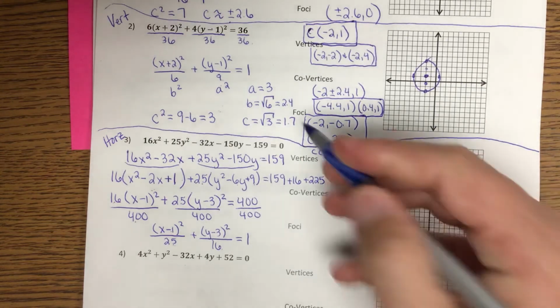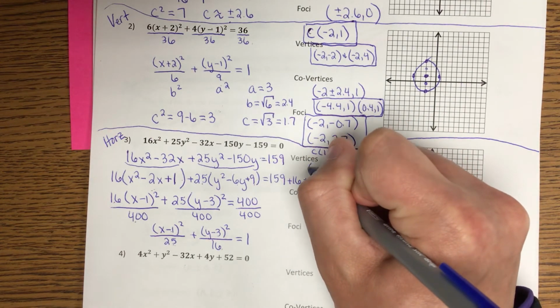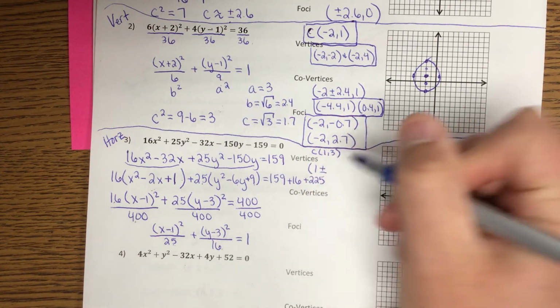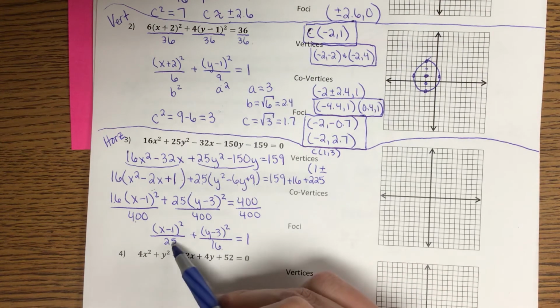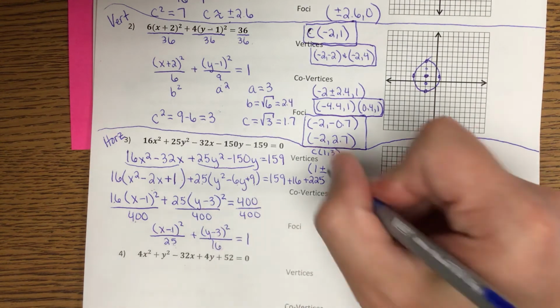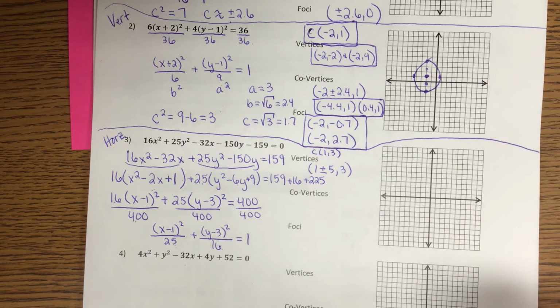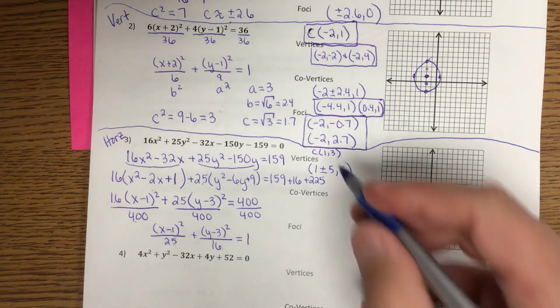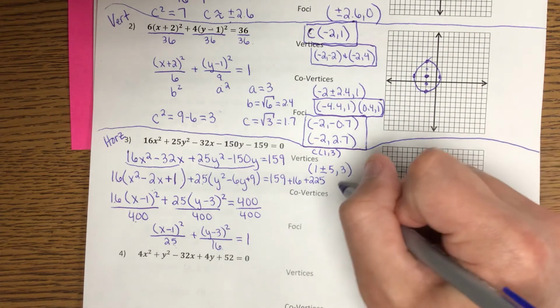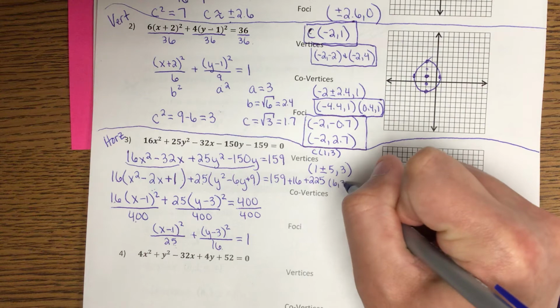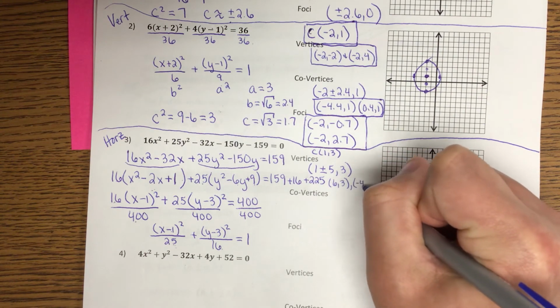So if I wanted to find the vertices, I would take the h value plus or minus the a value, which would be 5, because that's a squared, comma, k. And of course, you would clean that up to get 2 points, and those 2 points would be 6, 3, and negative 4, 3.